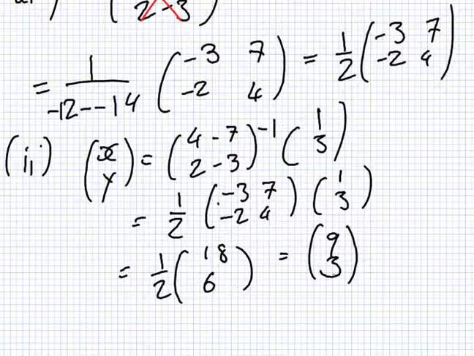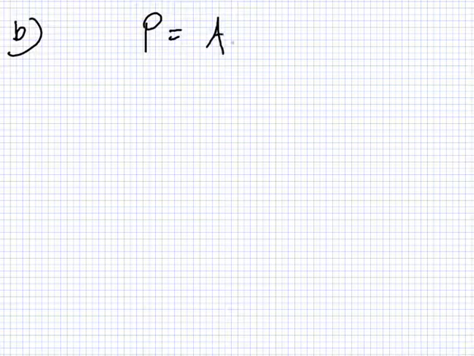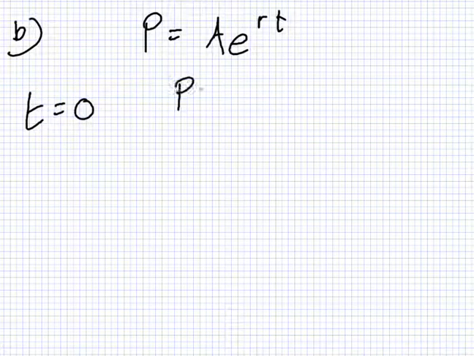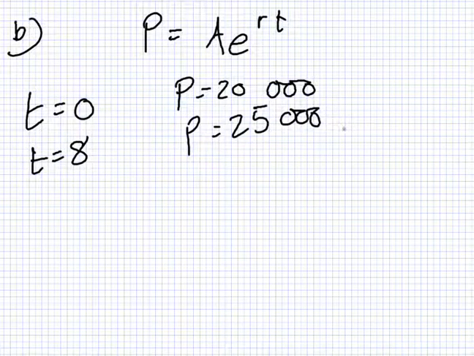Let's have a look at part B. So part B, population equals A e to the rt. They tell you at the beginning the population was 20,000, and then they tell you 8 years later the population is 25,000. Find the A and the r.